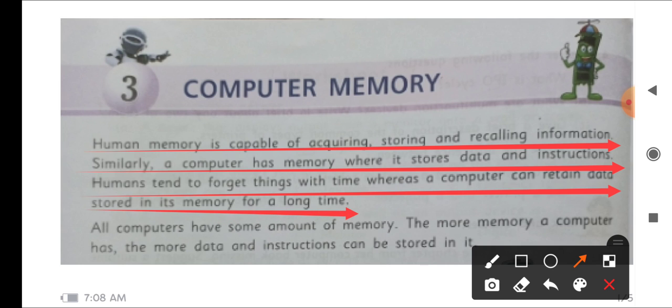Here it means that a human being can store and recall information. That means we can keep the things which we want to keep in our brain. Data, instructions, everything we can store in our memory. Similarly, a computer also has a memory where it stores data and instructions.